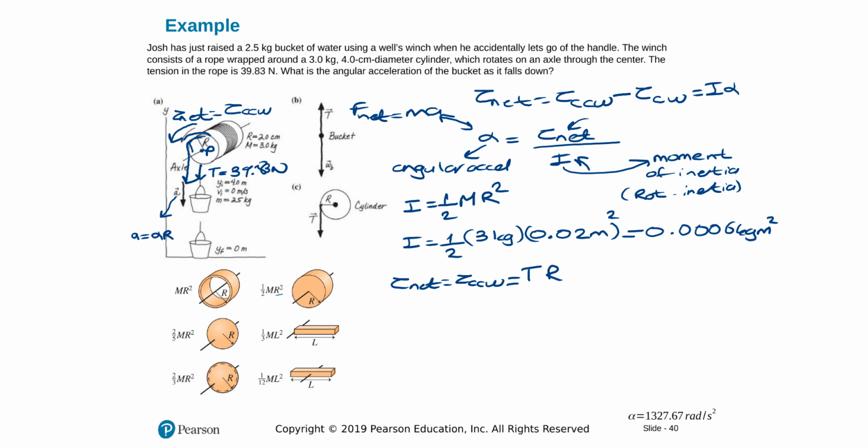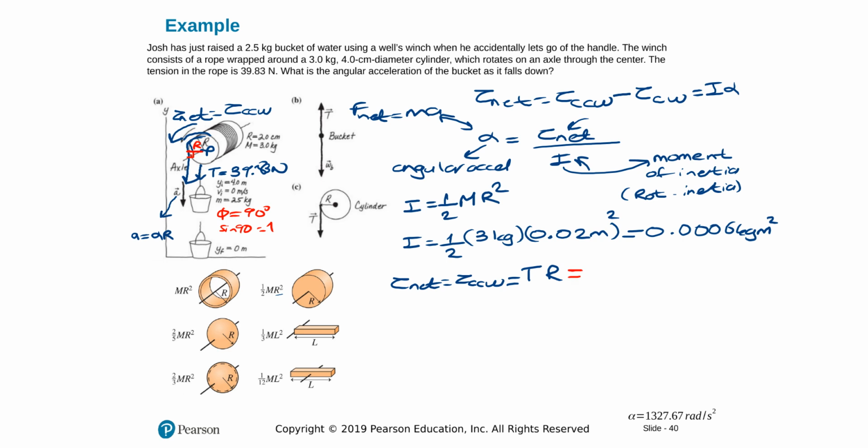So the tension is applying here, perpendicular to R. Let's show R here again. We again have sine phi to be sine 90, which is 1. Phi is 90 degrees, so sine 90 is 1. Ignore it in here. We'll have the tension times R to be the torque, and that's it.